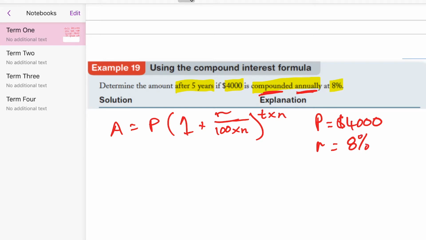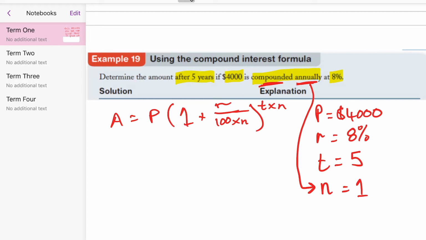Don't need to change it because it does it for you in the formula. My time is 5 years, and my n, how many times is it being compounded? Well, it's told us that it's been compounded annually, so it's only been compounded once. So I don't really have to worry too much about the n this time.